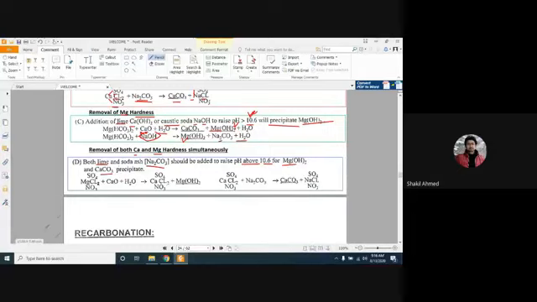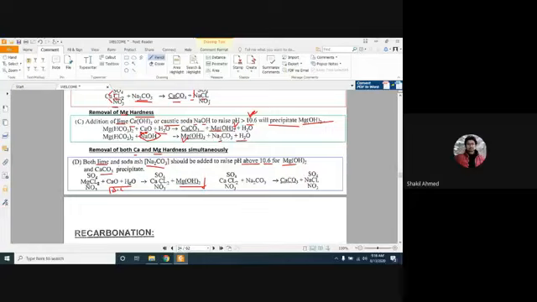For example, if you have magnesium in chloride, sulfate, or nitrate form, if you add lime, it will increase the pH to above 10.6 and you will get magnesium hydroxide and it will precipitate.